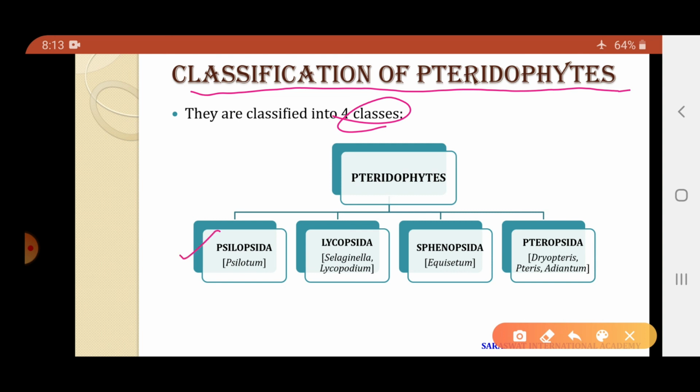The example is Psilotum. Then Lycopsida, which includes Selaginella and Lycopodium. Sphenopsida, which includes Equisetum, and Pteropsida, which includes Dryopteris, Pteris and Adiantum. So these are the 4 classes of the pteridophytes: Psilopsida, Lycopsida, Sphenopsida and Pteropsida.